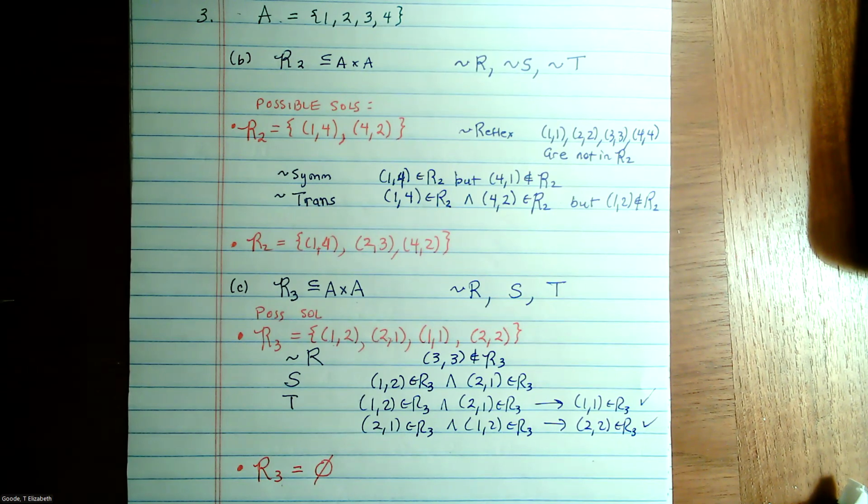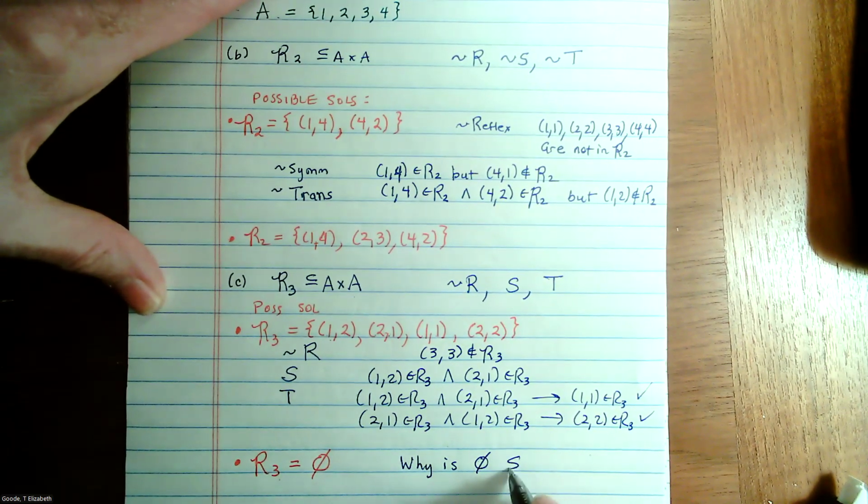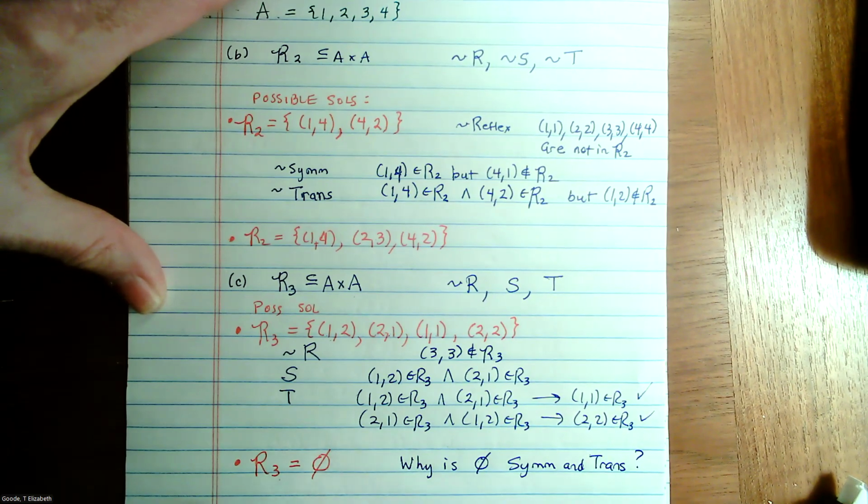That actually goes to part E. Is it fine if we jump a little bit ahead? Yeah, let's go ahead and jump to E. Why is the empty set symmetric and transitive?